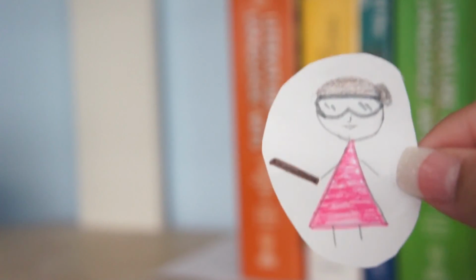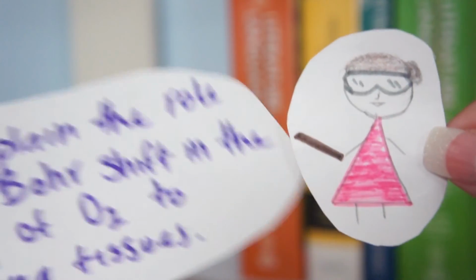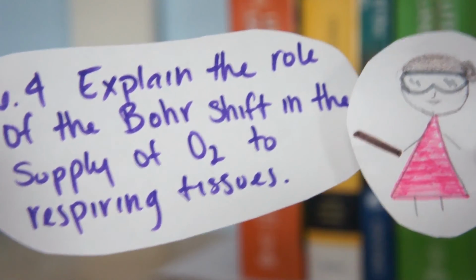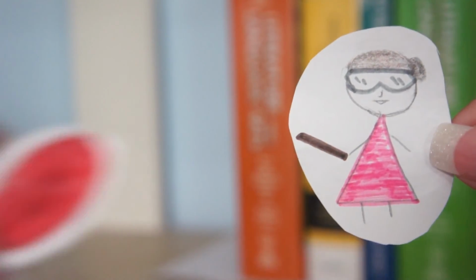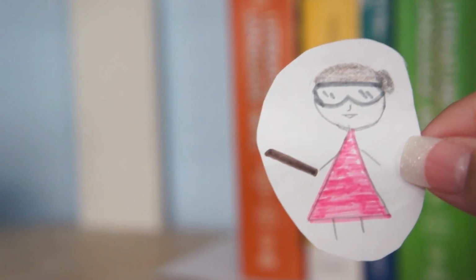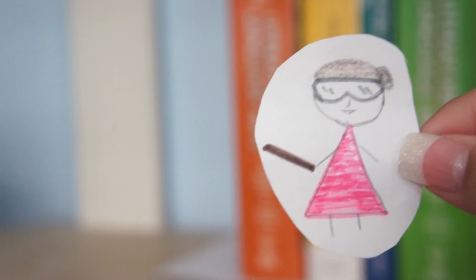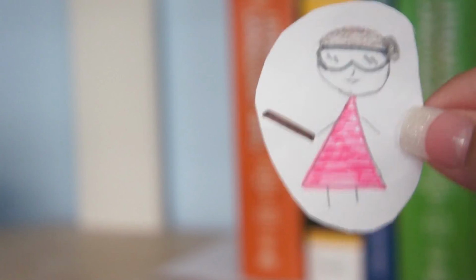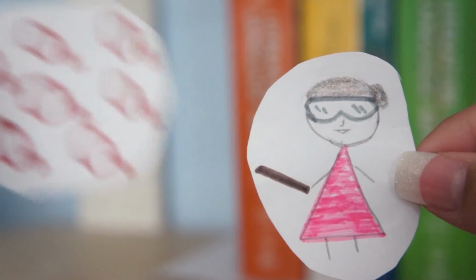Finally, my turn again, and this time I'll be introducing H.6.4, which is to explain the role of the Bohr shift in the supply of O2 to respiring tissues. So cells with high metabolism release greater amounts of CO2 into our blood. That CO2 then lowers the pH of our blood, which causes hemoglobin to release its oxygen.